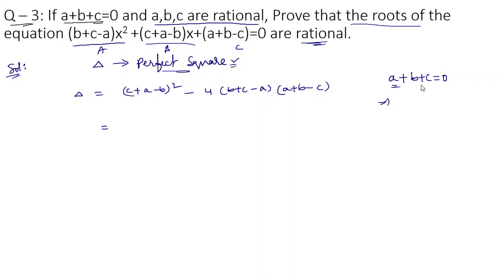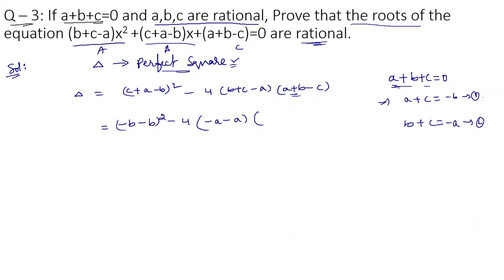So now a plus c is equal to minus b. So now here in the place of c plus a, we can write minus b. So now this becomes minus b whole square minus 4 into b plus c, which is minus a. In the place of b plus c, we can write minus a, and in the place of a plus b, we can write minus c.